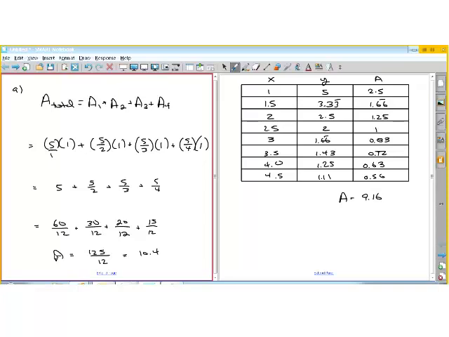And the actual answer, I'm going to do this over here so you don't see it, because this is something we've done for quite a while.